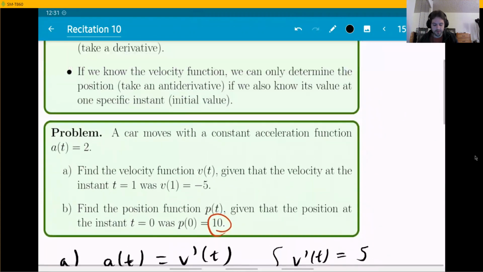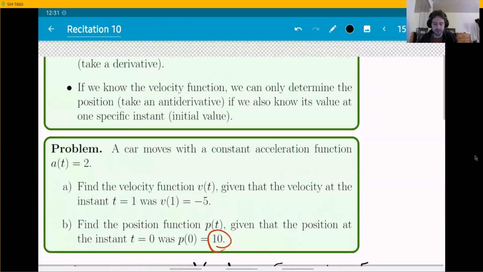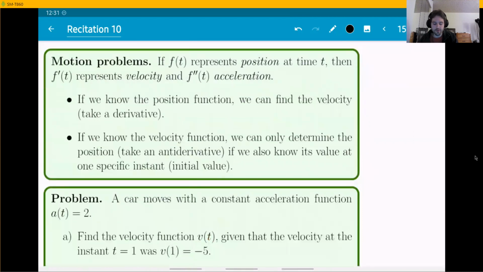And we're going to find them mostly in the language of motion problems. You have a function for position or height or something like that. So just remember these relationships between acceleration and velocity. So acceleration is actually position double prime, if you think about it.